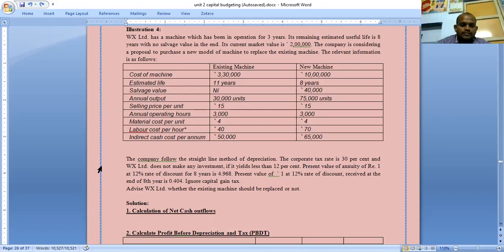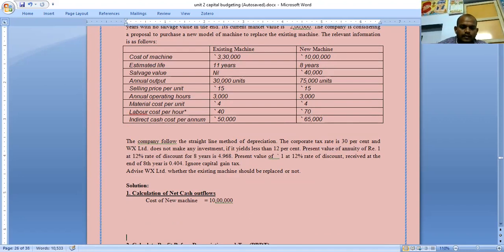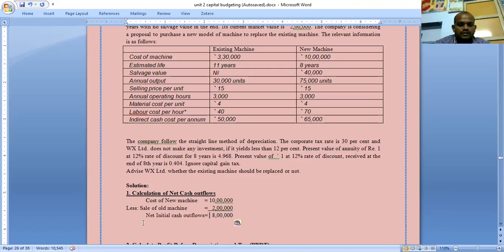The cost of the new machine is 10 lakhs, less sale of the old machine, 2 lakhs. Net initial cash outflow is 8 lakhs.